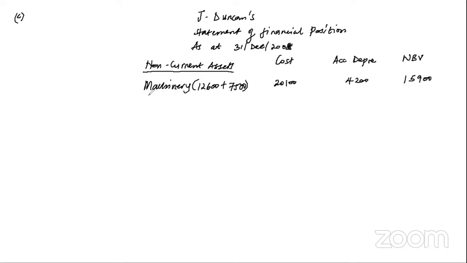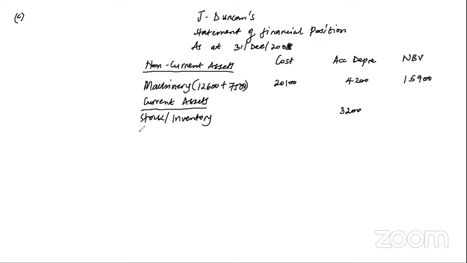Then you go to the current assets. Under the current assets, of course, here we have stock, the inventory. We have 3,200.